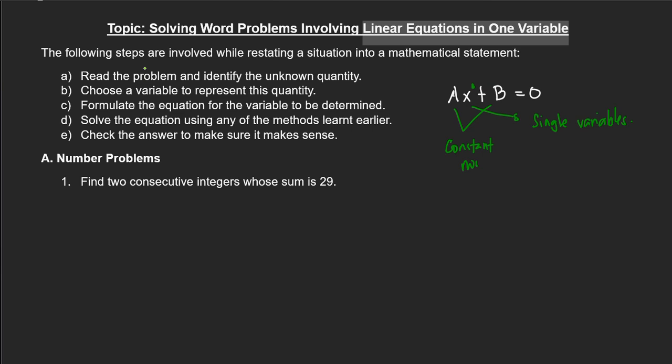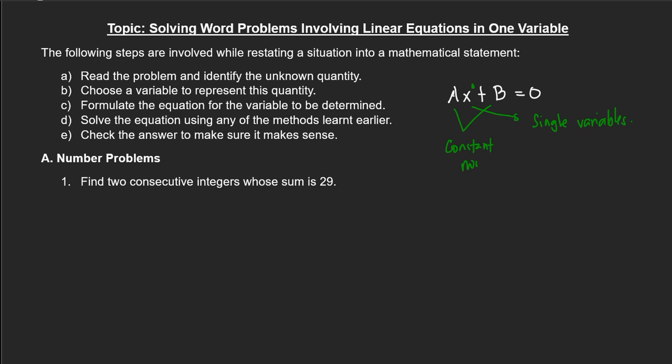Now, in solving a word problem involving a linear equation in one variable, we have actually steps to follow, para at least mag-guide tayo kung paano natin isolve yung problem na involve si linear equation. First, you have to read the problem and identify the unknown quantity.